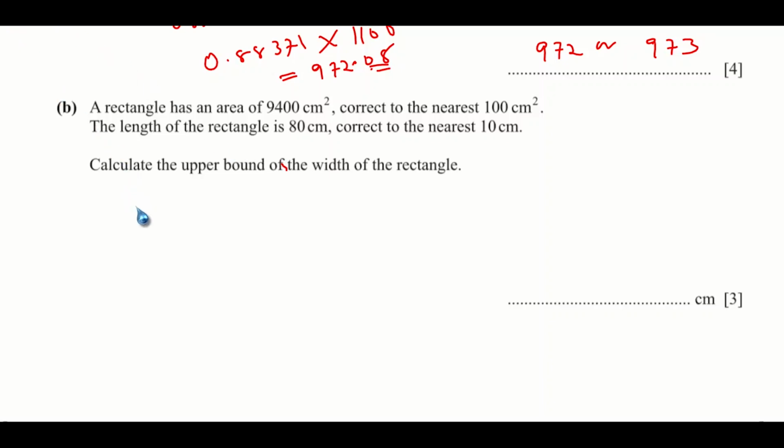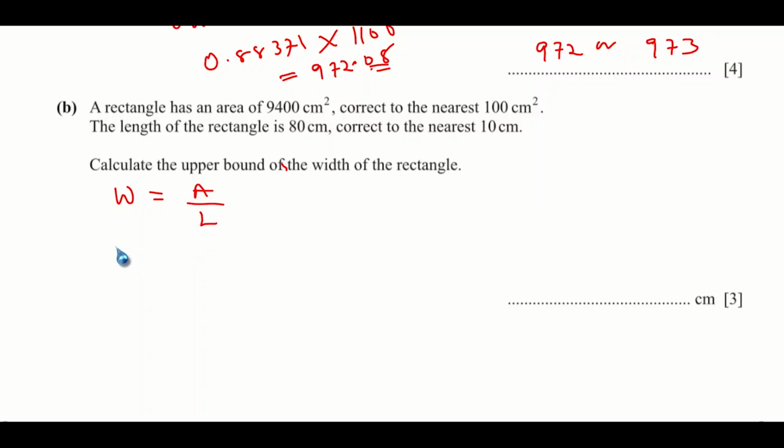From the area of a rectangle, we have the area equal to length times breadth. If we make W for the width the subject of the formula, it will be equal to A for the area divided by L for the length. But we need the upper bound of the width.